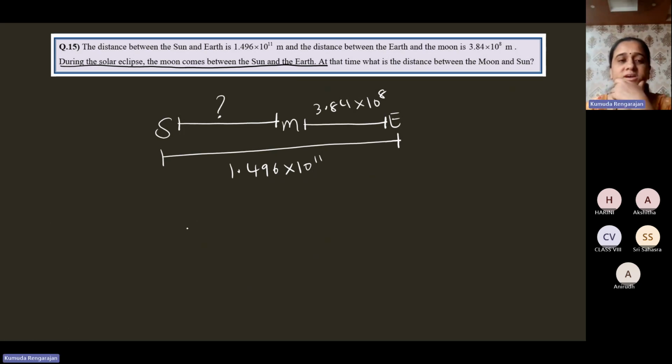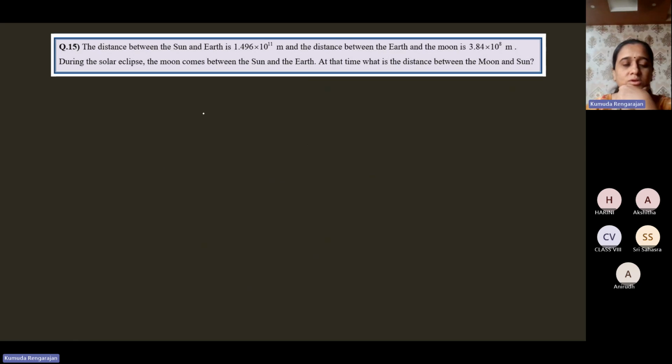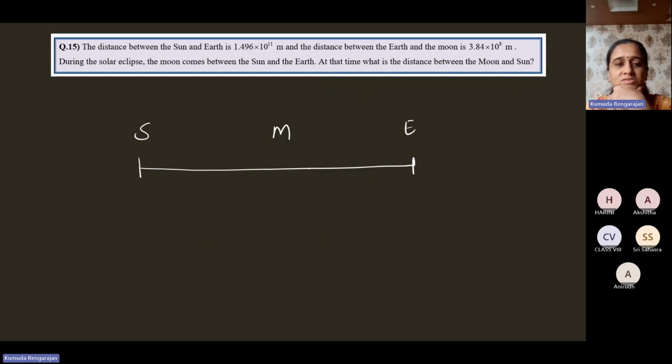So these details are at the time of solar eclipse, when the Moon is between the Sun and the Earth. Okay, I'll just draw this again for you. The distance between the Sun and Earth is 1.496 into 10 to the power 11.